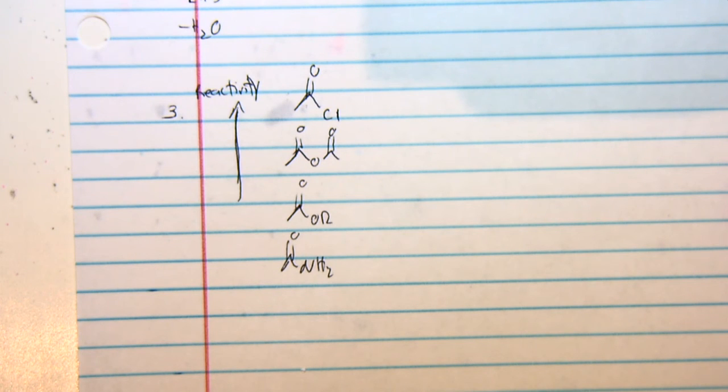Okay, so let's do number 13. I kind of give you a hint on this one. The one that reacts fastest would be the one that turns it into an acid halide, so B, C, and D do that. And we want something that does not get rid of that carbonyl group.